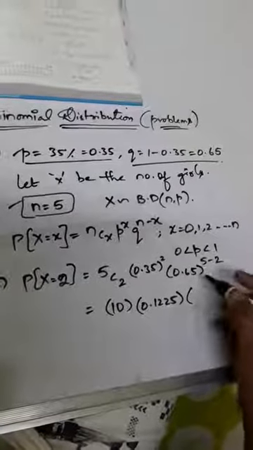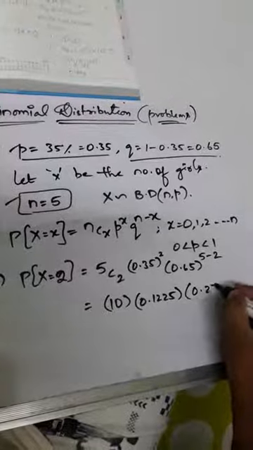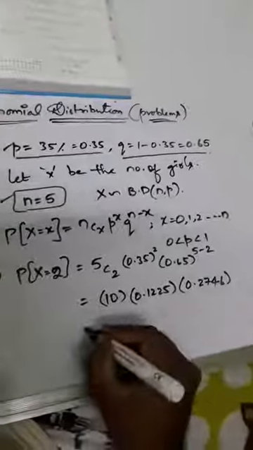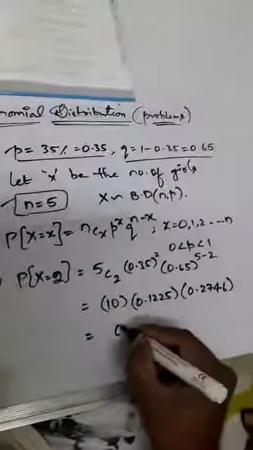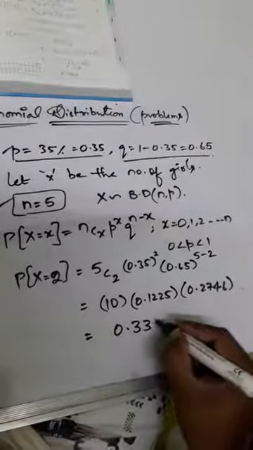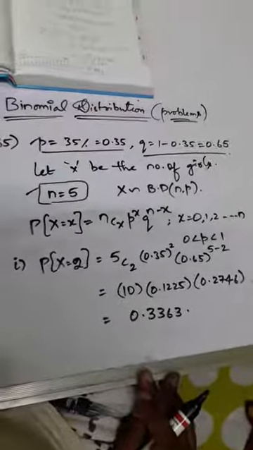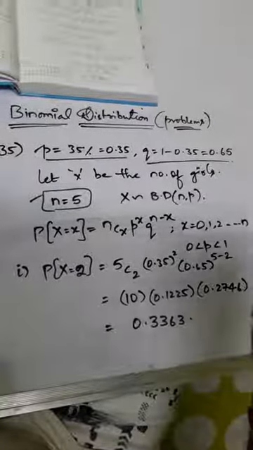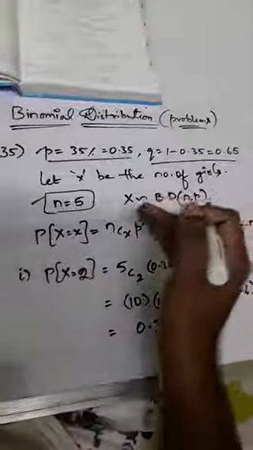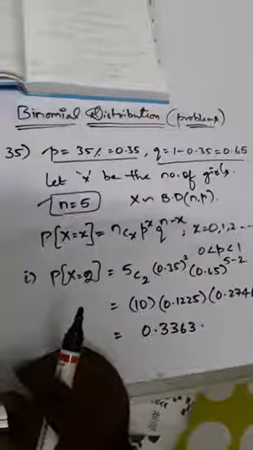So 0.65 whole cube is 0.2746. Use the calculator, children. The result is 0.3363. This is the answer for exactly 2 girls in a random selection of 5 students.